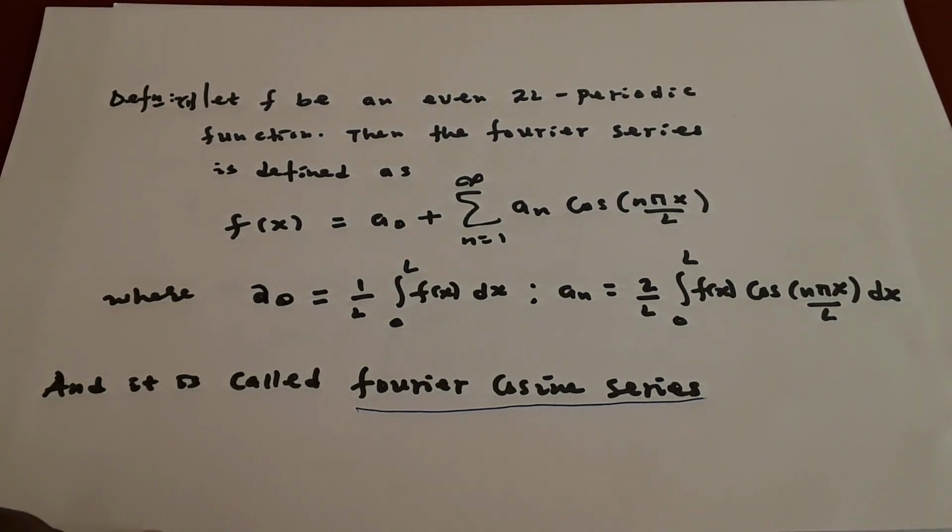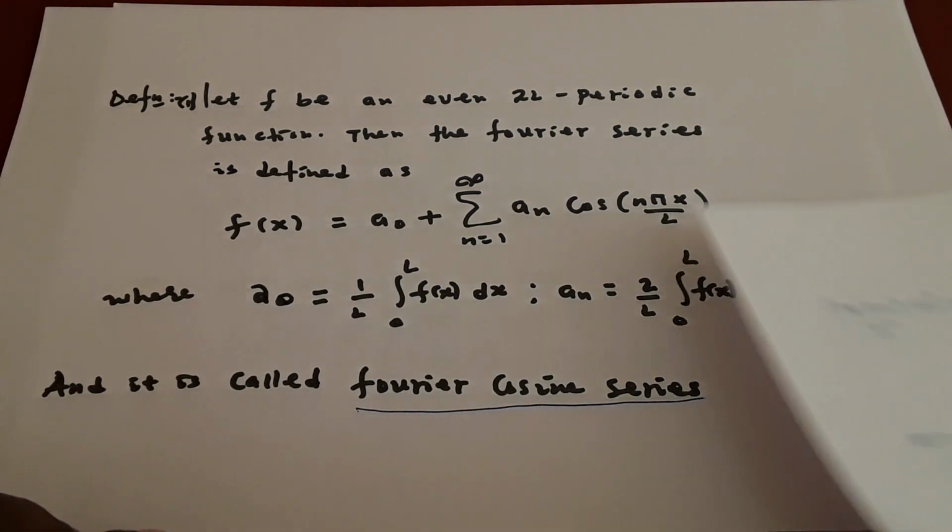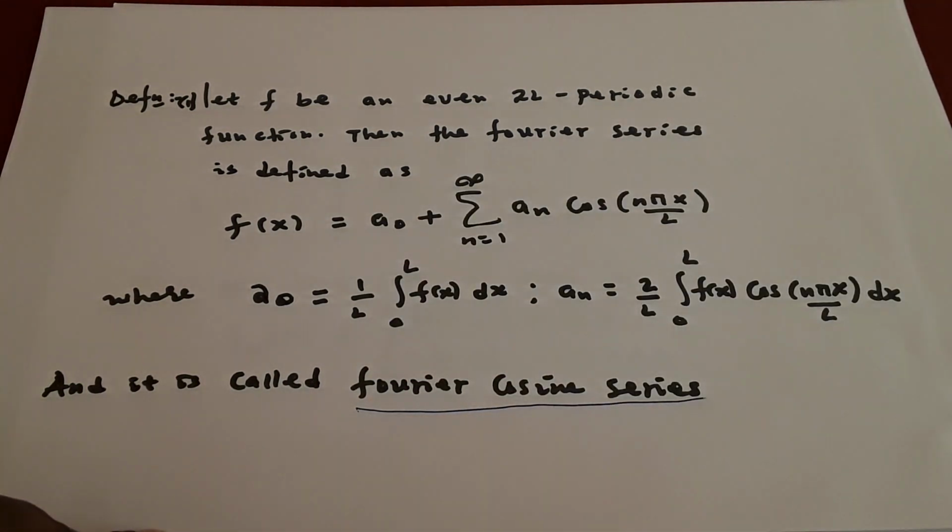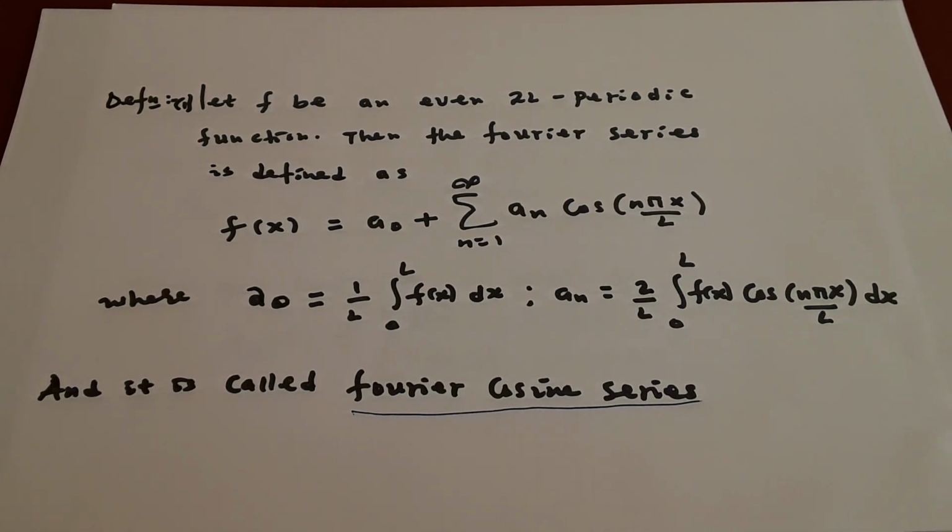This is just reduced from the assumption of the Fourier series we defined last time, the Fourier series of the function f of x. Let me show you a bit about the derivation.